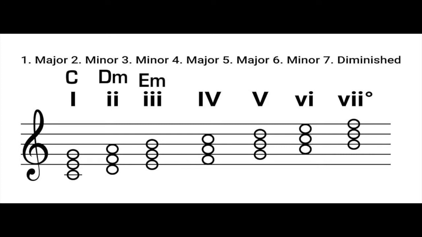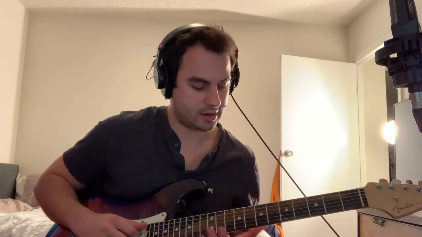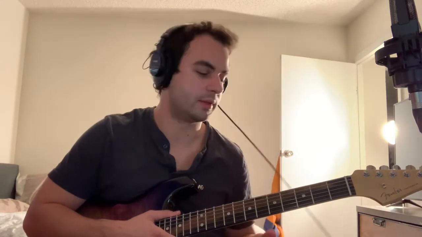C. So, you know, if we're in the key of C, right? So right now we're assuming we're in the key of C or A minor. It's the same thing.